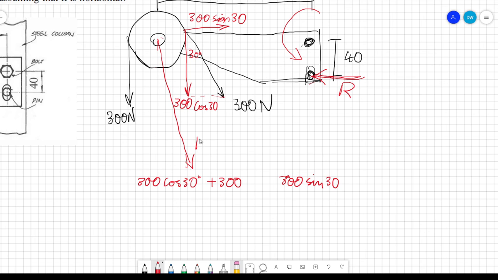So the resultant force, let's call it force F. As you can see here, we have the vertical component, these two together, and the horizontal component. So to find F itself, we have to use the Pythagoras theorem.